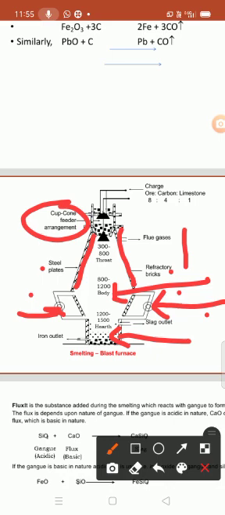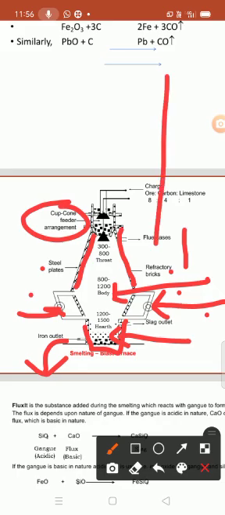The lower part is called the earth, and from it there is an iron outlet. The iron comes out in molten form and goes to the next step. This is about the construction of the blast furnace.